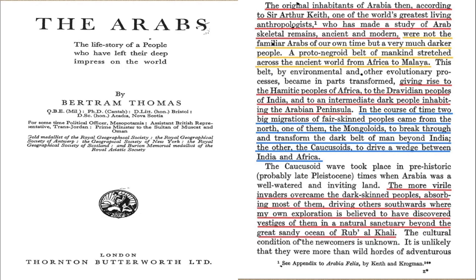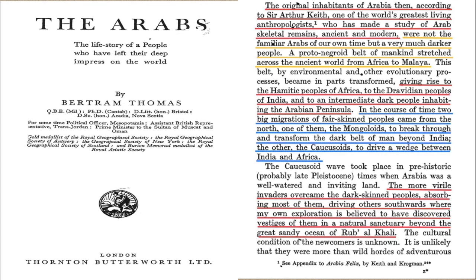This is from the book The Arabs by Bertram Thomas, and it reads: the original inhabitants of Arabia, then, according to Sir Arthur Keith, one of the world's greatest living anthropologists, who has made a study of the Arab skeletal remains, ancient and modern, were not the familiar Arabs of our time, but a very much darker people.